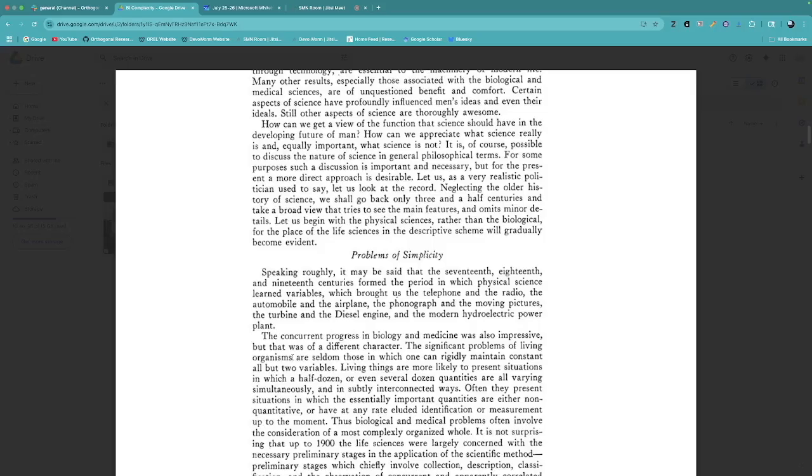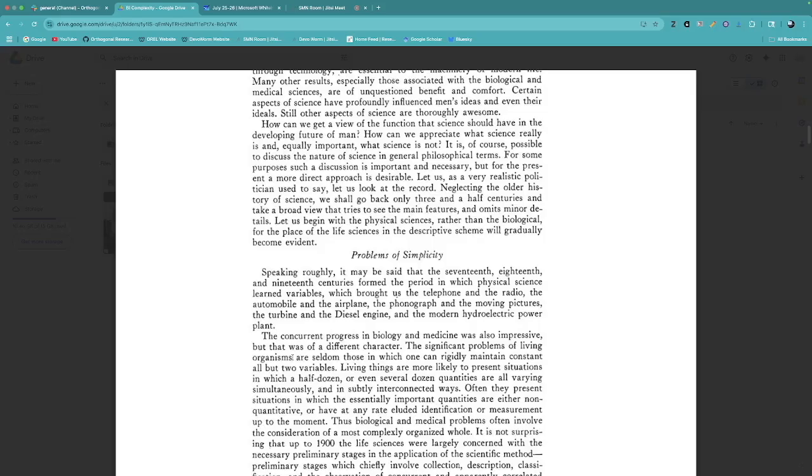So in the 17th, 18th, and 19th centuries, the physical sciences learned variables, which brought us the telephone and the radio, the automobile, the airplane. The concurrent progress in biology and medicine were also impressive, but that was of a different character. The significant problems of living organisms are seldom those in which one can rigidly maintain constant all but two variables.